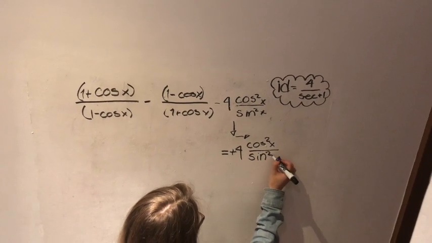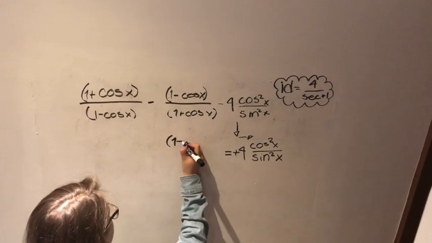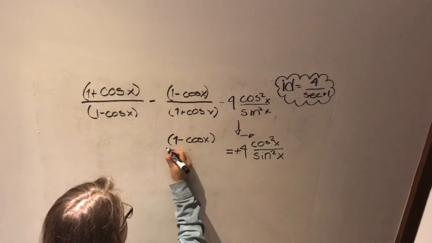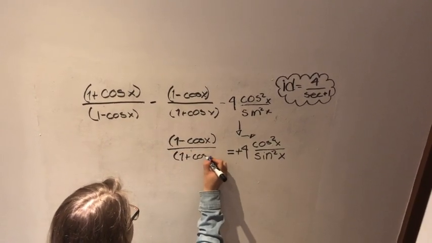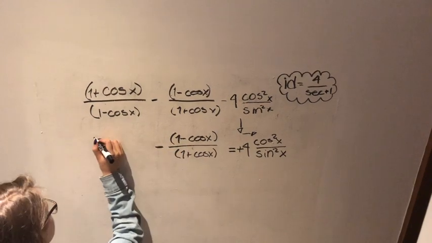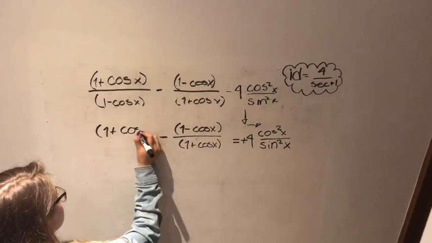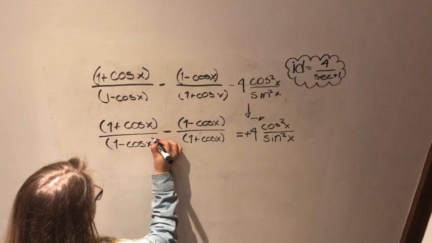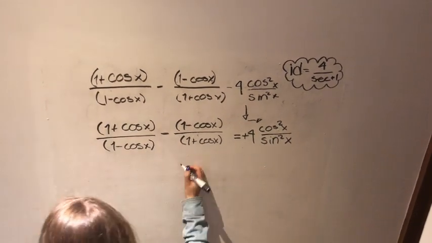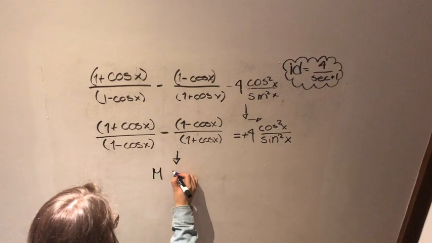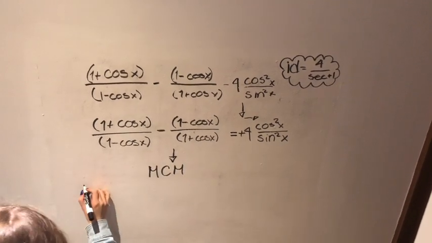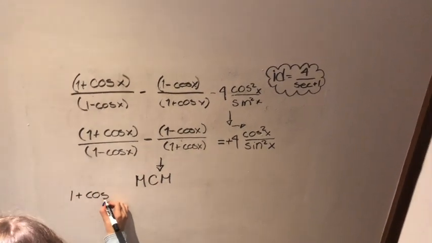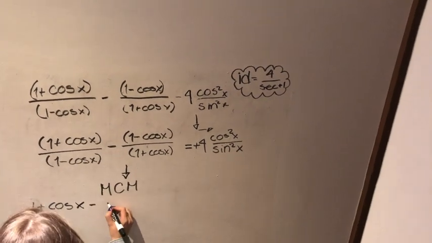Okay, so for this first equation, we're going to move the 4 cosine squared x and the sine squared of x to the other side to make it positive. We're going to rewrite the entire equation to make no mistakes.